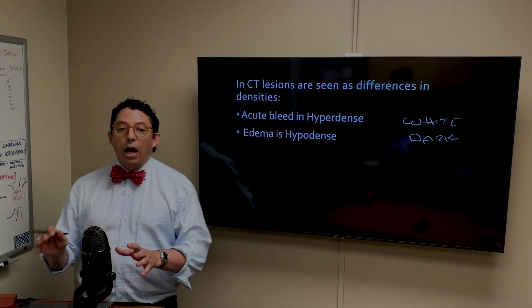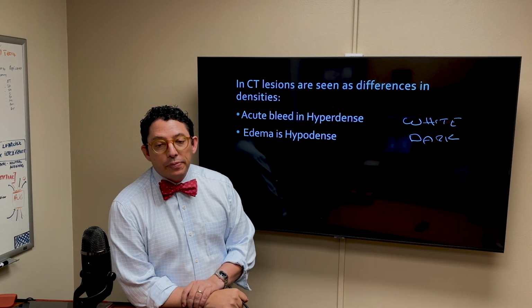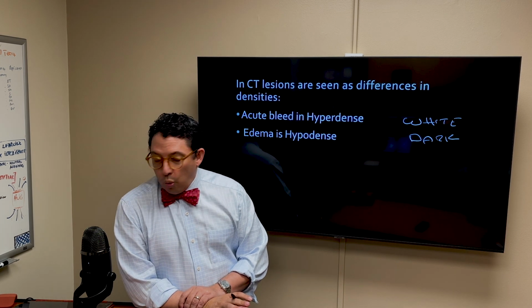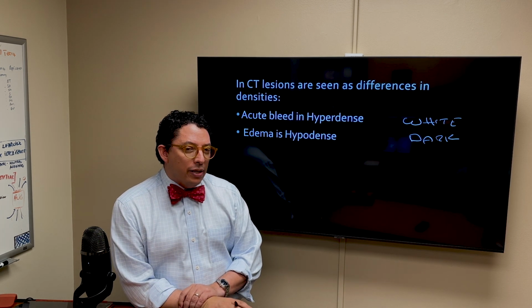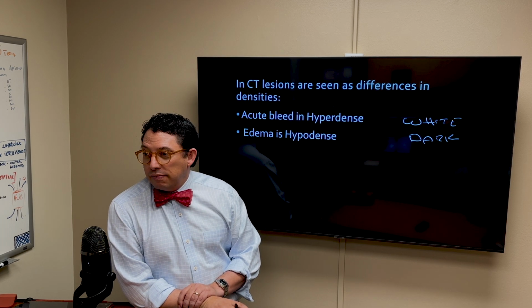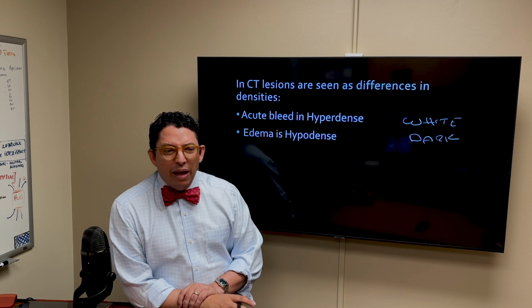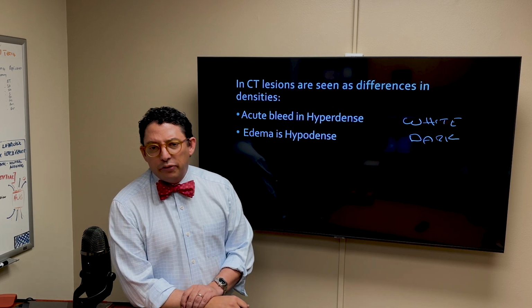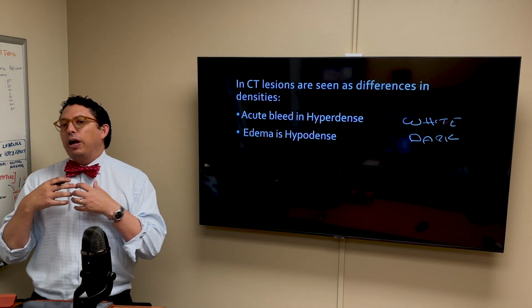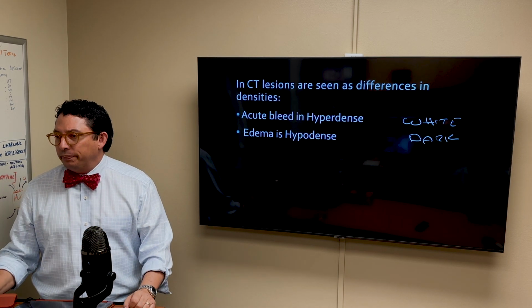So now this is a very important part of CTs. There are very few things that make a brain have a higher density. Very few things. One of the things that really makes this phenomenon happen is if you have an acute bleed inside of the brain.